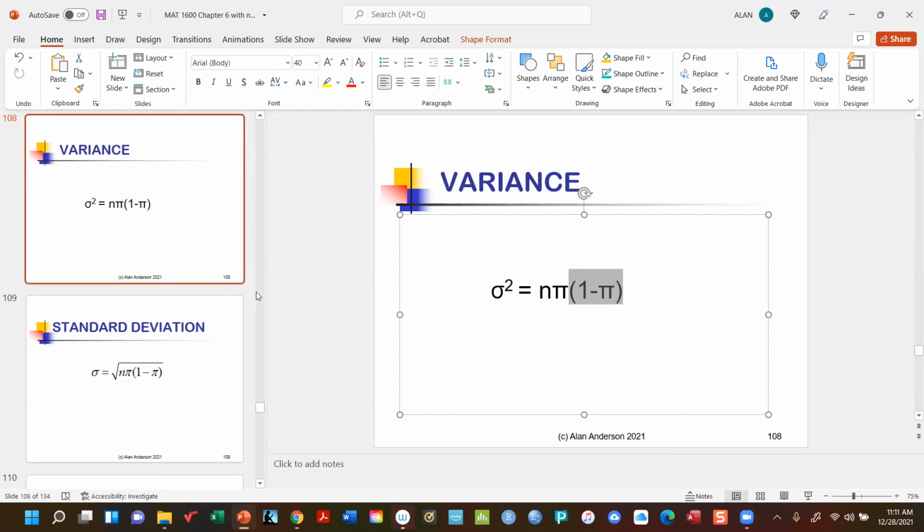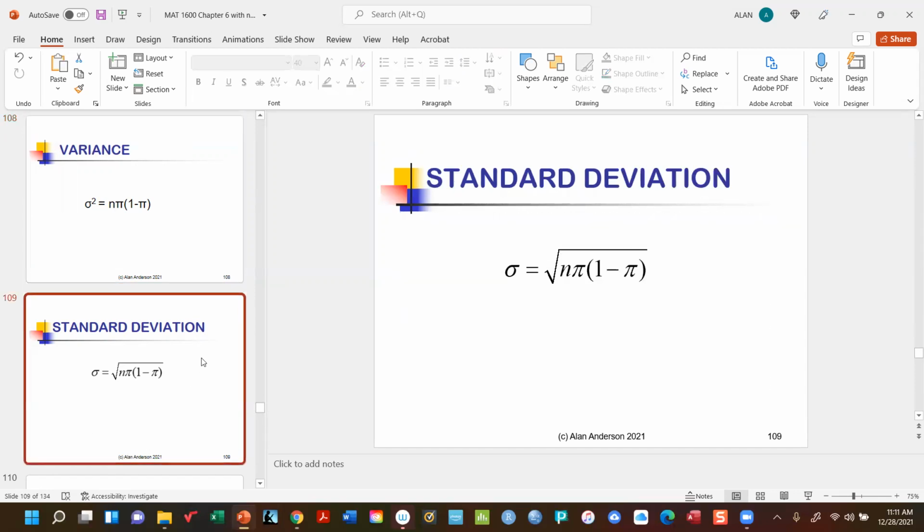And of course, you know that the standard deviation must therefore be the square root of this variance. Yes, exactly.